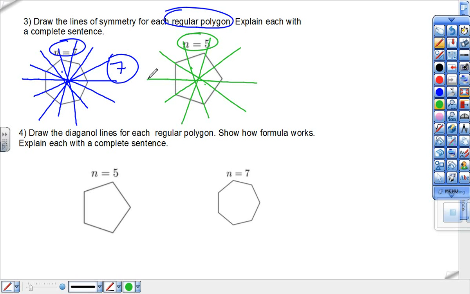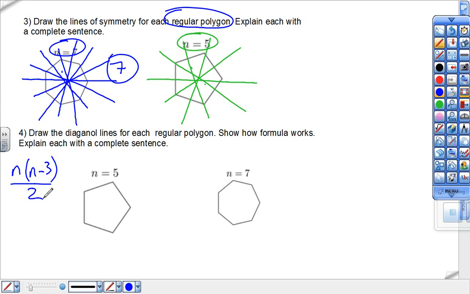Diagonals are the lines connecting the inside. When you do diagonals, do not assume the number of sides equals the number of diagonals. That is not true. I want you to use this formula, n times n minus 3 divided by 2, where n is the number of sides for the object you're trying to find.